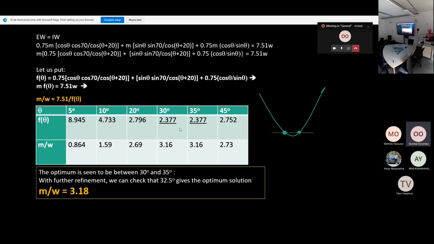Can you see it starts with 8.95, isn't it? And then it starts dropping, reducing, until you get to 32.37, and you get 8.95 again at 35, and then it increases again. So it drops like this, and then it starts to increase again here. So between these 2 points is definitely the optimum solution, because you have a drop, then an increase again.